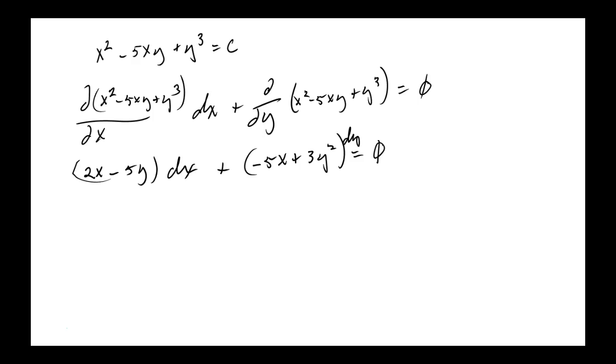Now, you answer me this. Would this benefit us in trying to get this as dy dx as some function of x and y? No. I don't think there's any way you would be able to manipulate that to get it into a linear or separable or any other kind of equation. So basically what we're going to do is try to deal with an equation that looks like this.